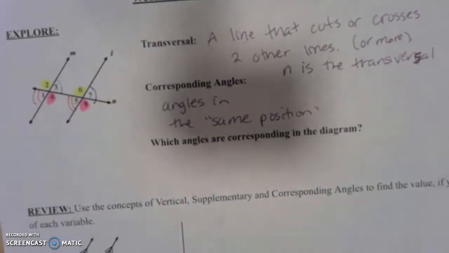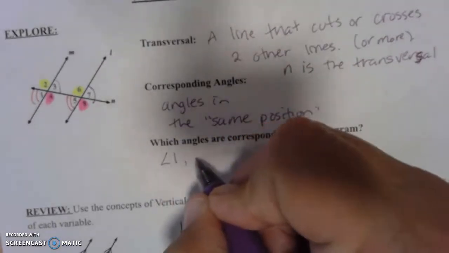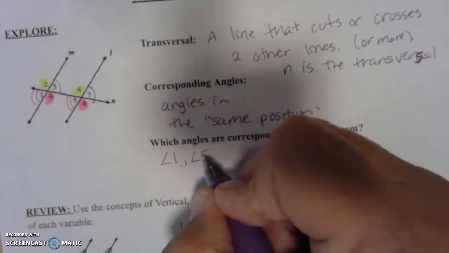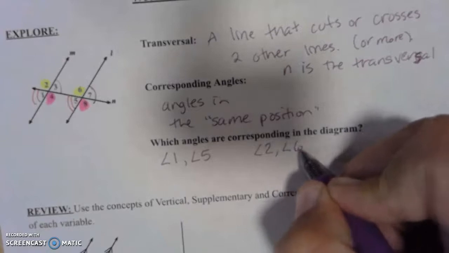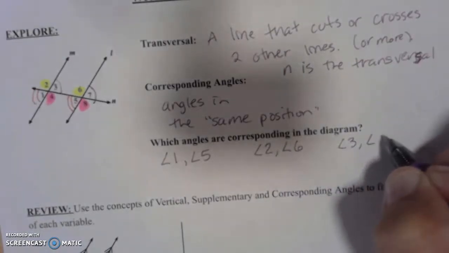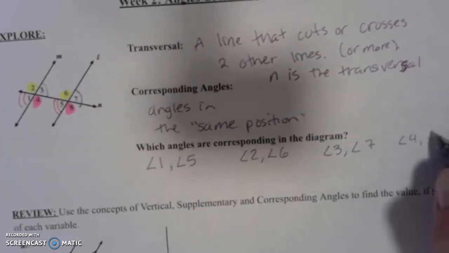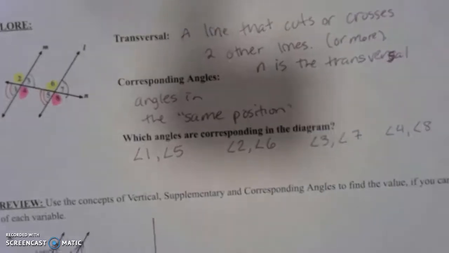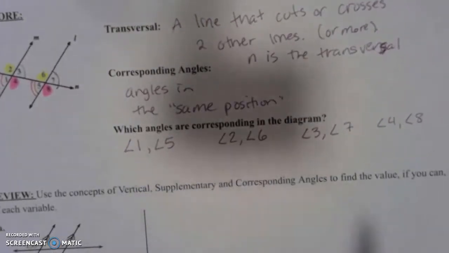So which angles are corresponding in the diagram? Angle 1 corresponds with angle 5. Angle 2 corresponds with angle 6. Angle 3 corresponds with angle 7. And angle 4 corresponds with angle 8. Okay, so those are our corresponding angles. I know these look like L's, but they are angle symbols.